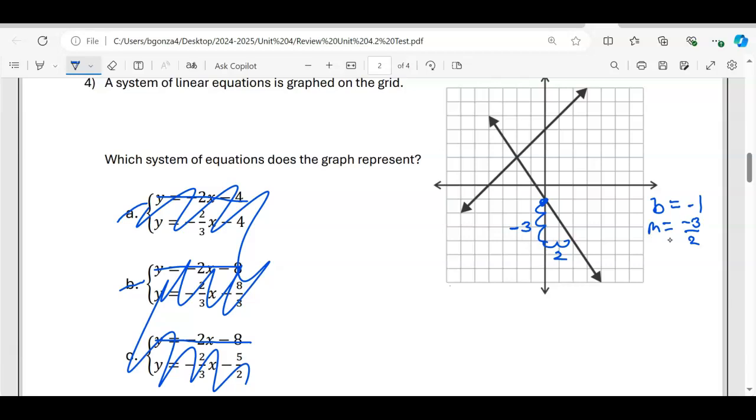All right, so one of my equations is going to be y equals mx plus b, negative 3 over 2x minus 1. Cool. Now this y-intercept right here, that b value is going to be 1, 2, 3, 4. Y-intercept of 4.